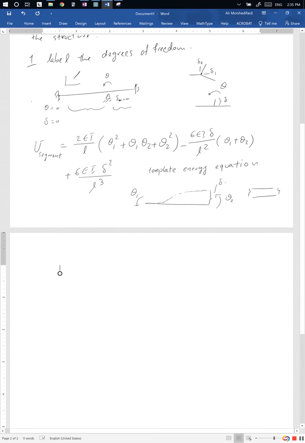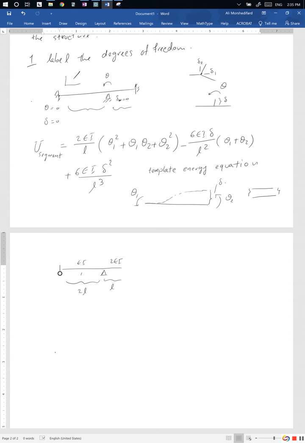Alright, so let's see the situation for our beam. So if I draw it again, we had two segments, one was L. Note that the EI for this is 2EI, the EI for this is EI, and the length of this segment is 2L.